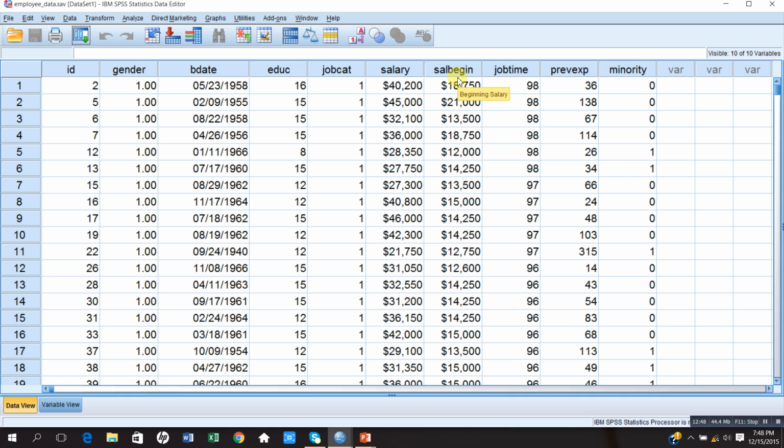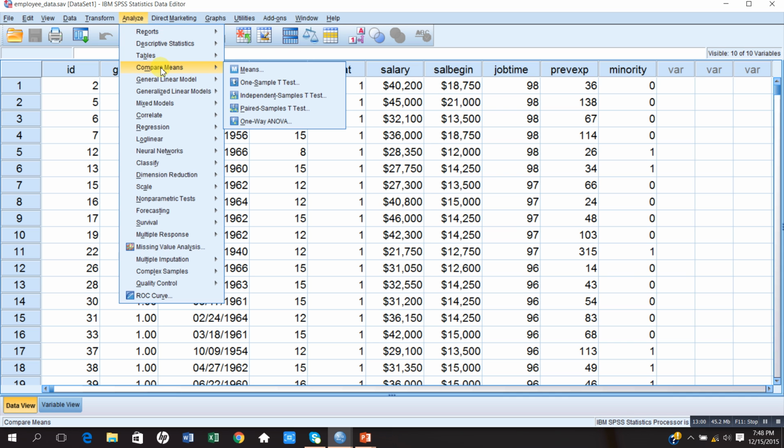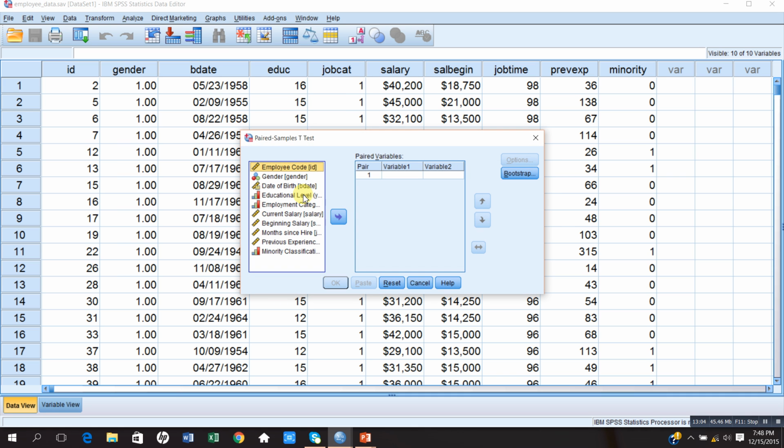My alternative hypothesis is that the averages are different. Analyze, compare means, and under compare means go to paired samples t-test. This time I will send current salary here and then the beginning salary, and after that I will press OK, and when I press OK I get the t-test.